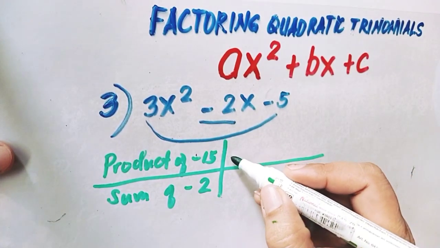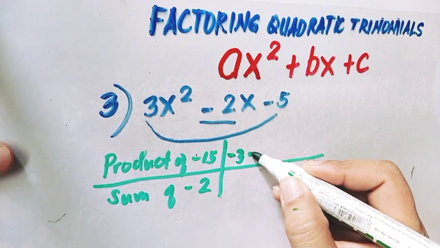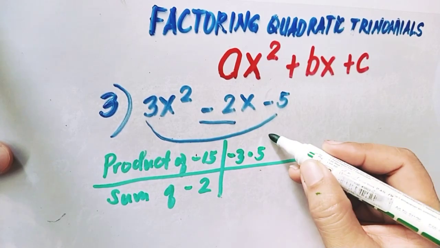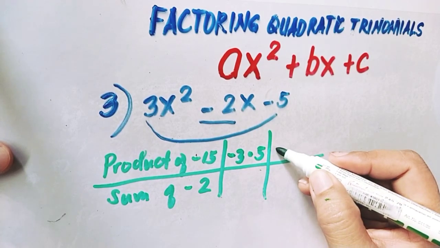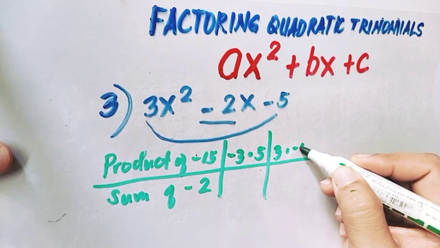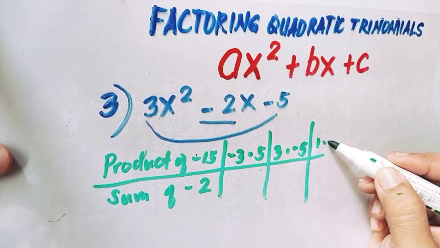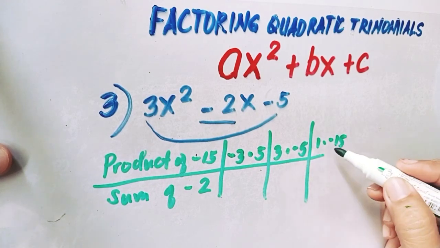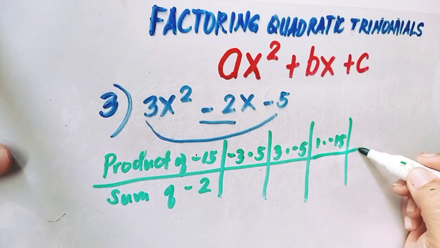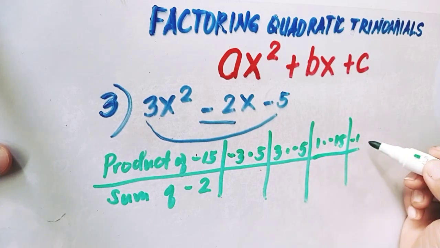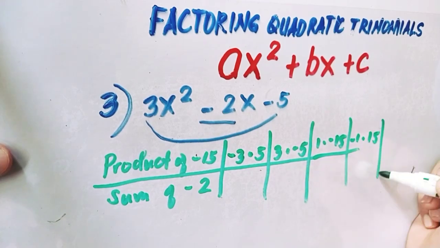Factors of negative 15 can be negative 3 times 5 or 3 times negative 5, 1 times negative 15, or the other one, negative 1 times 15.